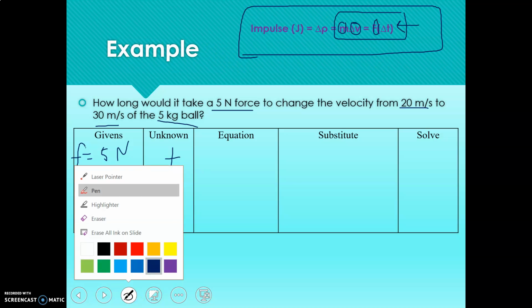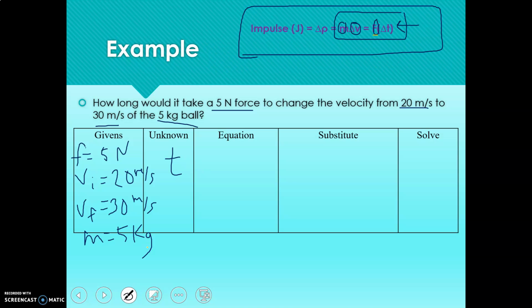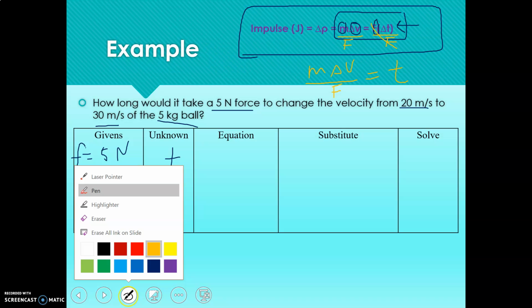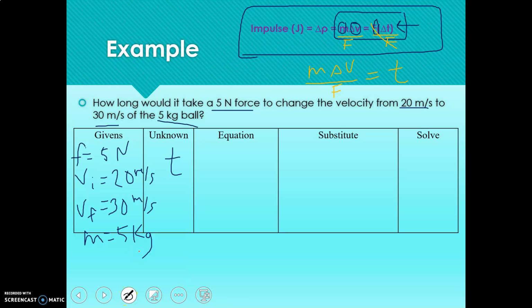So what I could do is just go ahead and divide by force on both sides. The forces cancel out on the right-hand side. So you would have mass times the change in velocity divided by force is equal to the time. So you could definitely do it that way, or you can just write down your equation and substitute your answers in. So the equation is mass times the change of velocity is equal to force times time.